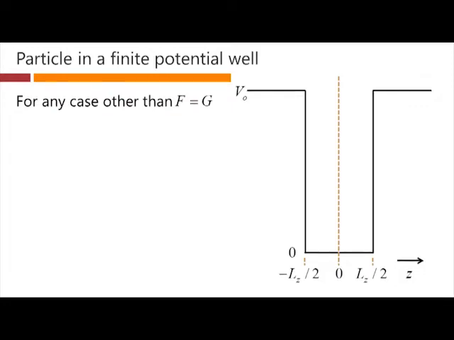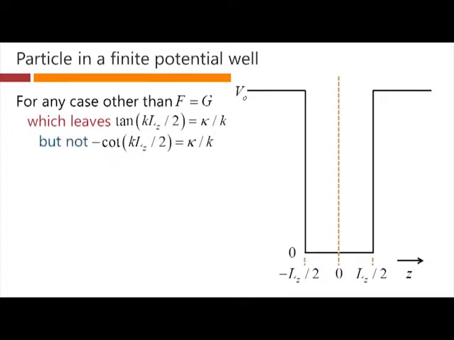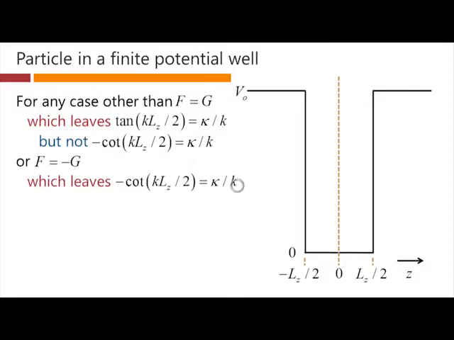So for any case other than f equals g, we have tangent of KL over 2 equal to kappa over k, but not this condition. We can't get that condition because we'd be dividing by 0. Or, either this condition or this condition, f equals minus g, which would give us this condition applying but not this condition.